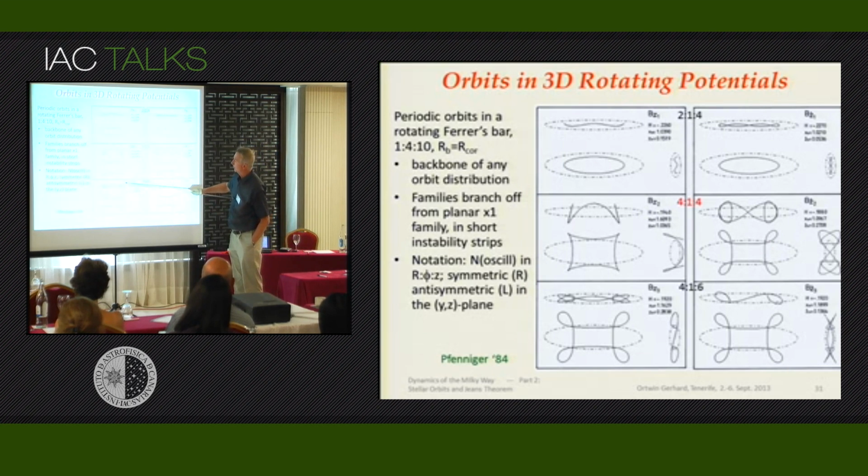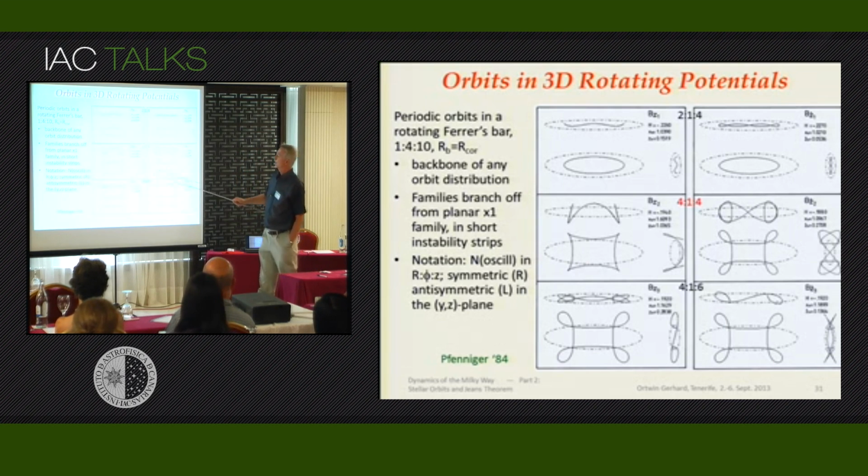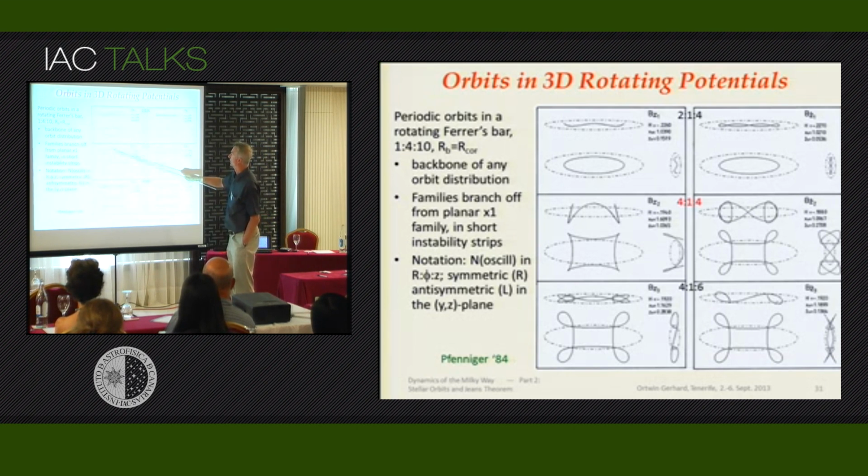So you can see that for every motion once around the center in the angular direction phi, it's going through these 4 loops corresponding to 4 radial oscillations. So that's this 4:1 resonance ratio. And at the same time, it's going up and down in various ways, corresponding to 6 vertical oscillations. So it's a resonant family.